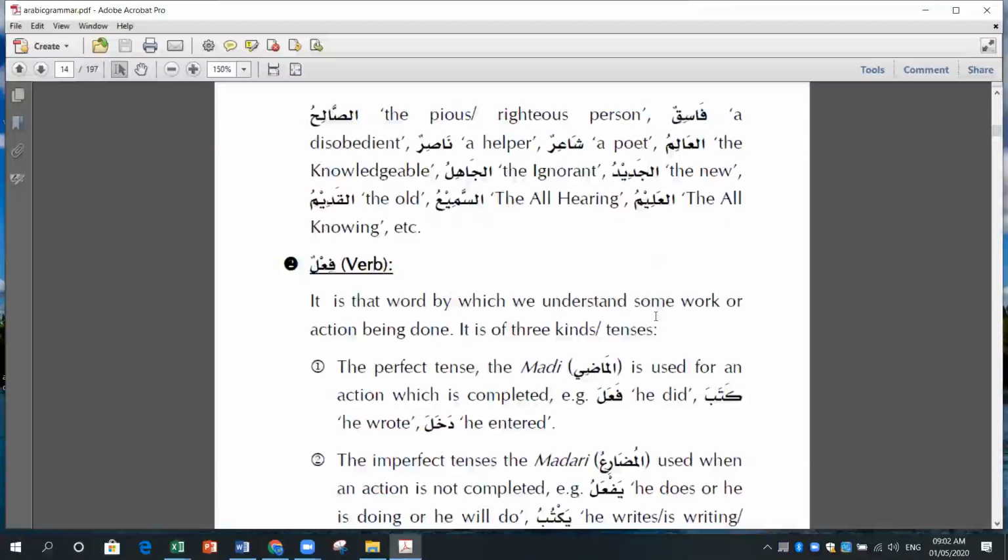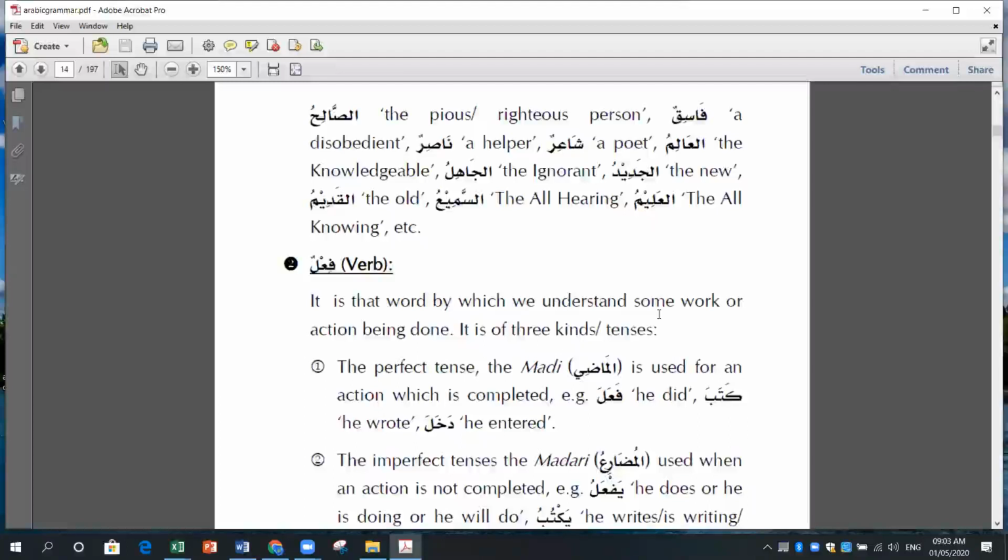So how many verb forms are there in the English language? Three, right? Past, present, and future. We call them three forms of verb, or three types of verb.